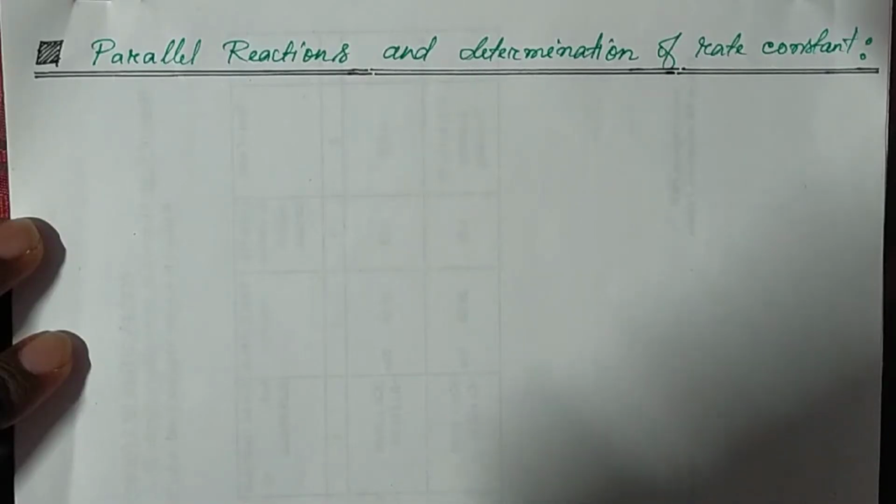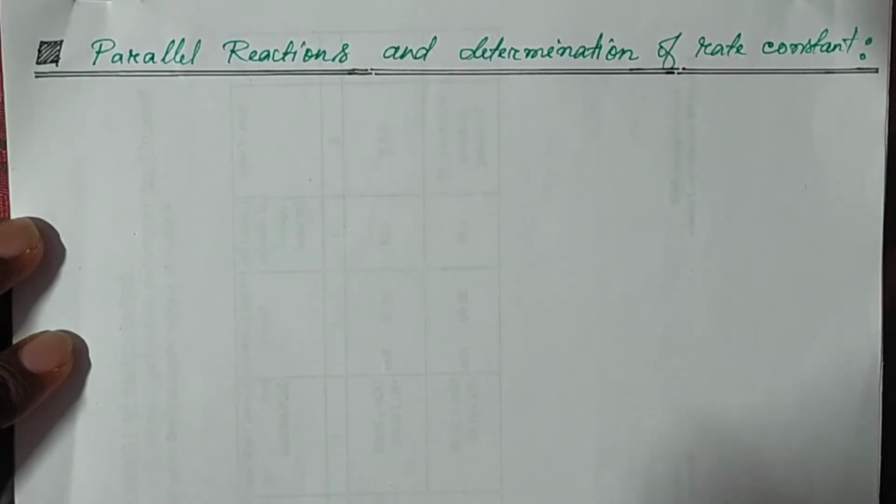Now let's discuss parallel reaction and we will determine the rate constant of a parallel reaction. First of all we have to know what a parallel reaction is. When a reactant proceeds through more than one pathway and gives different products, those types of reactions are called parallel reactions.